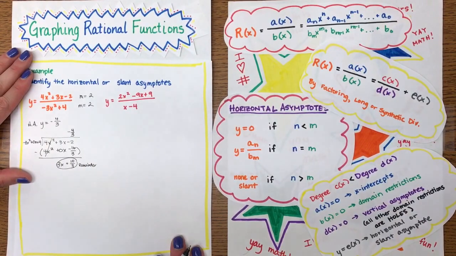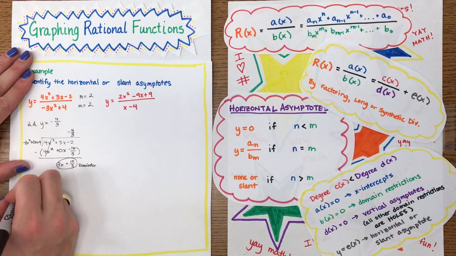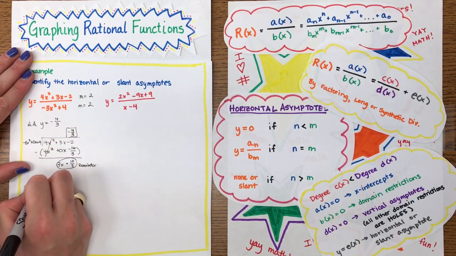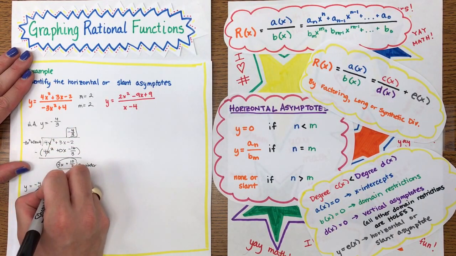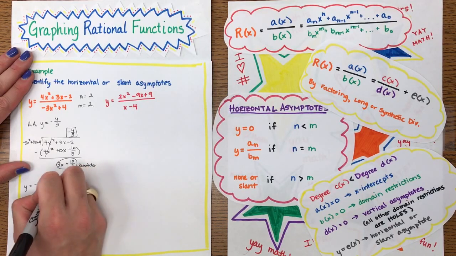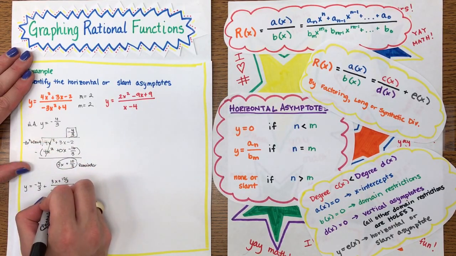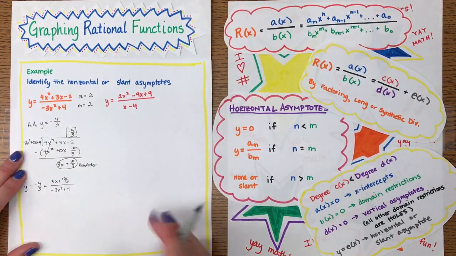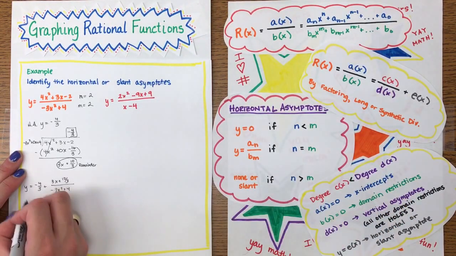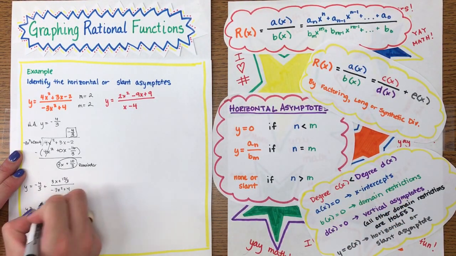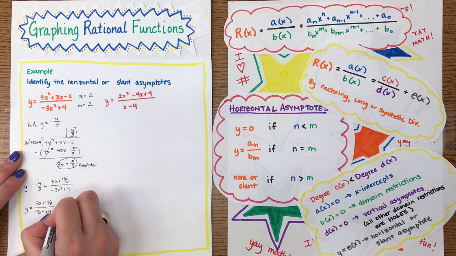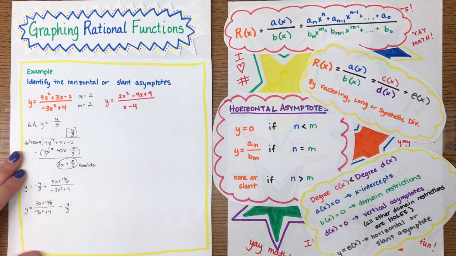And if you remember back to what we do with this equation, this division becomes this piece, negative 4/3, plus the remainder, 3x plus 10/3, divided by the denominator, which was negative 3x squared plus 4, which is not factorable. I want to look at it like this, so I'm going to rewrite it. y is equal to 3x plus 10/3 divided by negative 3x squared plus 4, minus 4/3.